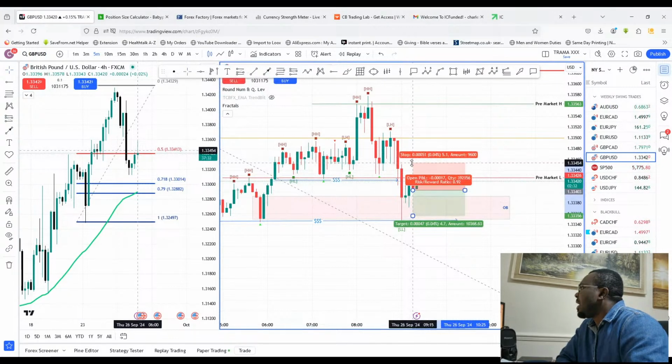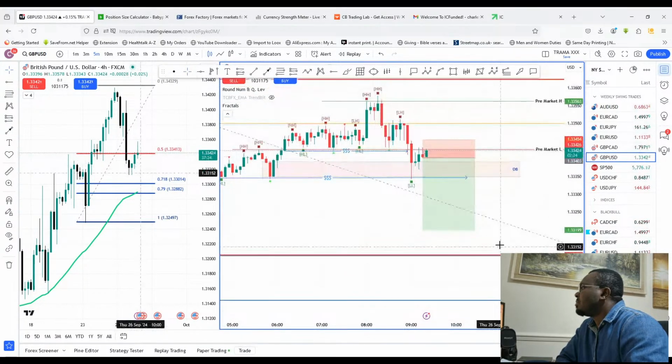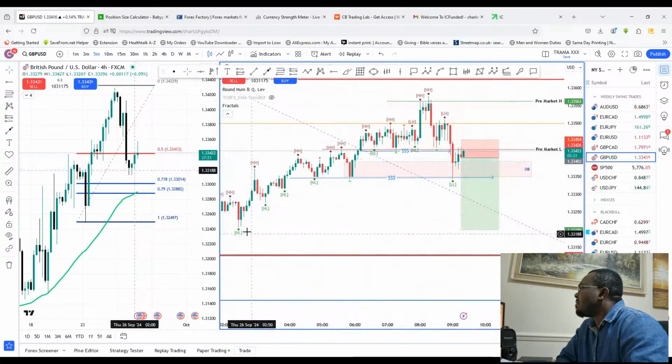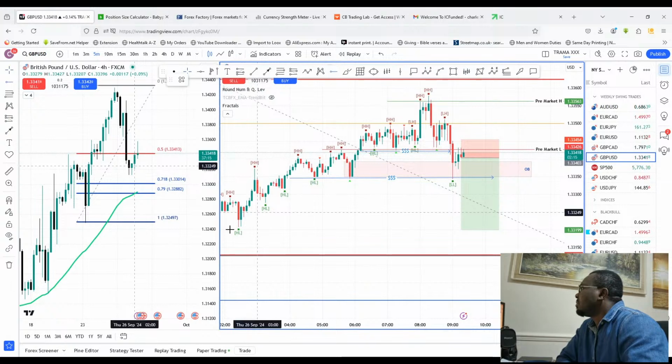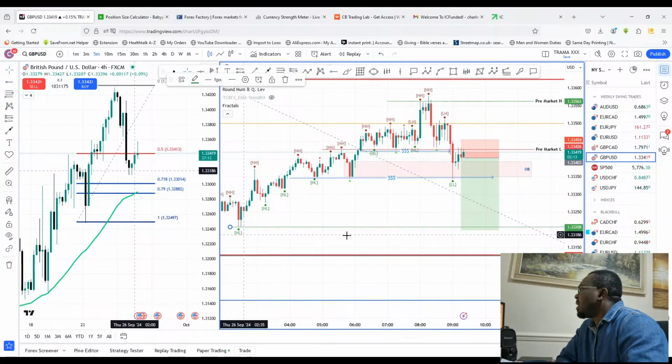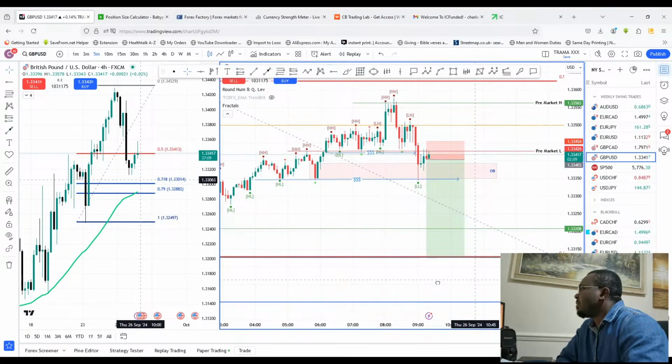Our stop loss will be on this candle here, which is 5 pips. And we'll target the pre-daily market low, or this low here, as the first TP, and then we target this place as final TP.